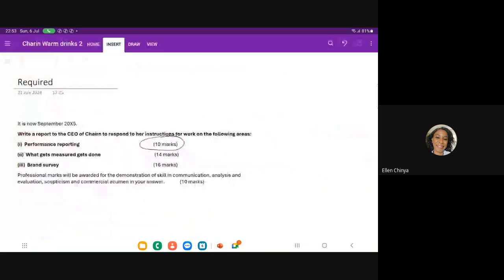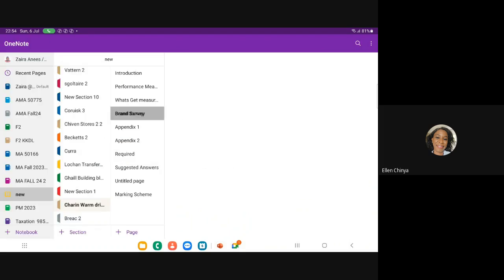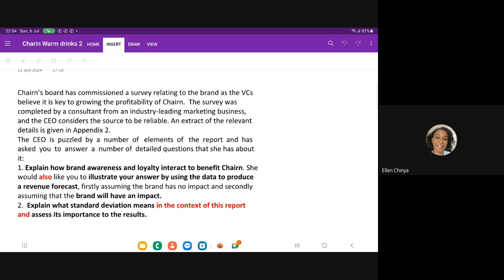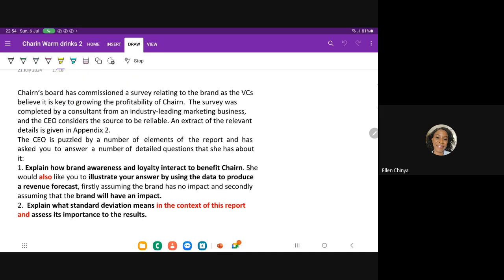The requirement is simple: brand survey, and that is for 16 marks. Whenever students see 16 marks, they generally think that you have to write too many things. No, you don't have to. Let's see what we have to do in the brand survey. Sharon Board has commissioned a survey relating to the brand, as the venture capitalists believe that this is key to growing the profitability of Sharon.